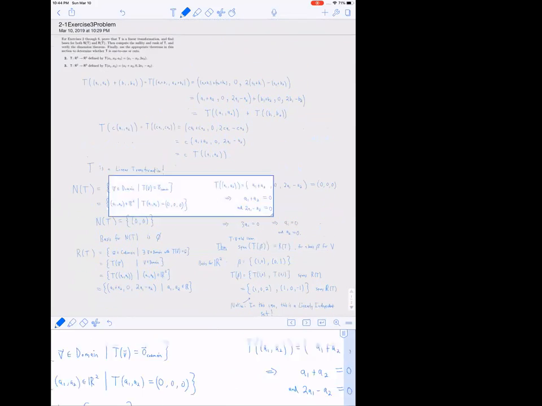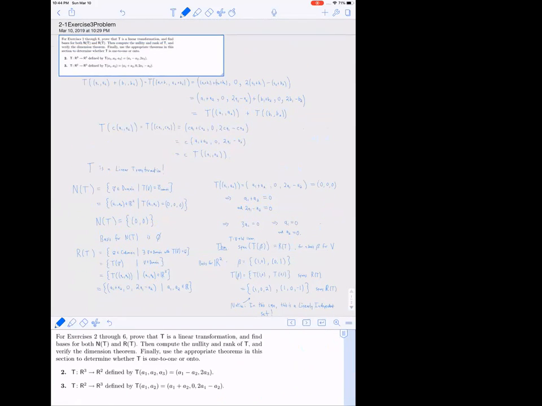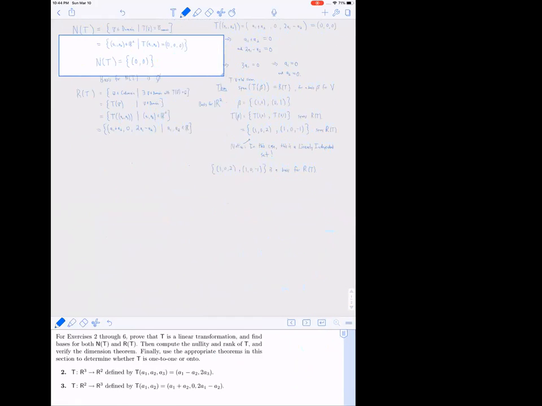Whew. Okay, so what have we got now? We showed that T was a linear transformation. We found bases for the null space and the range of T. So we want to compute now the nullity and the rank of T, and verify the dimension theorem.